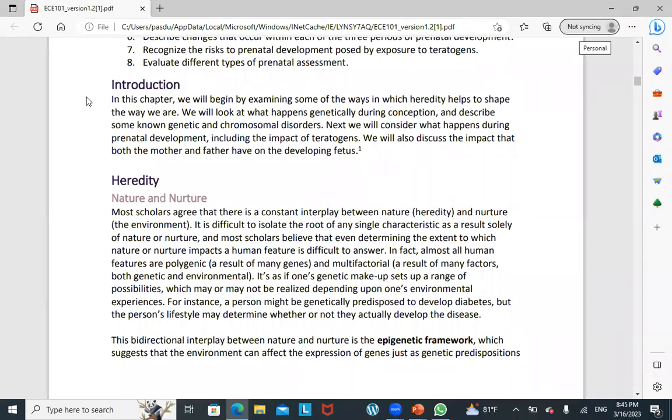Write down heredity. Heredity means genetic information passed from parents to children through their genes.